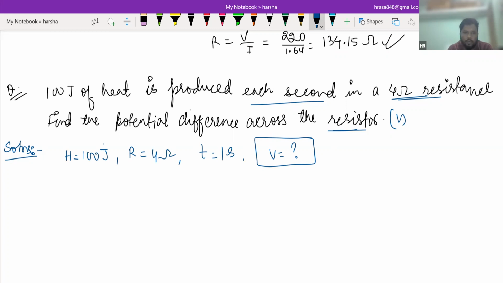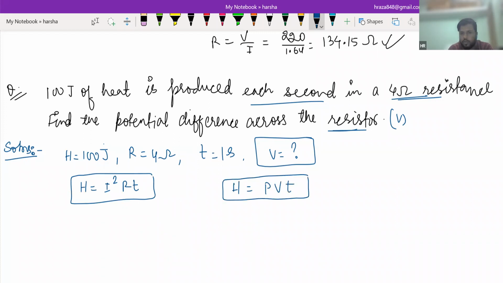You know, you have two formulas. H is equal to I square RT, and H is also equal to VIT. These two formulas we have for heat energy. Yes or no? Yes, sir. Sorry, this is VIT.